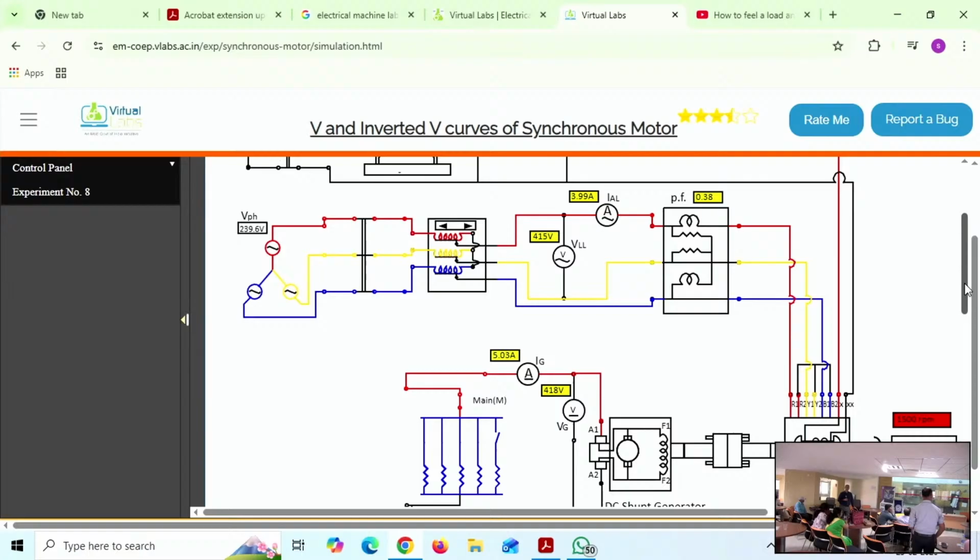What value are you giving to the stator? Are you giving the supply at the rated value, or using a starter? Are you giving directly the rated voltage, or are you using an autotransformer?